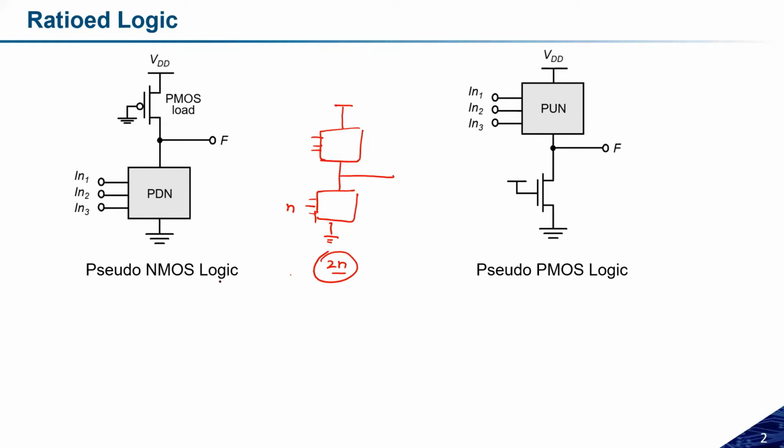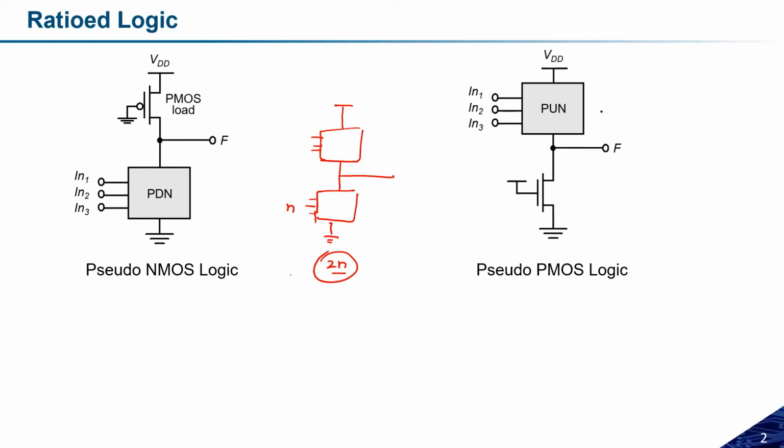The second alternative: in the first circuit we kept the load always on, and the function is implemented with the help of the pull-down network. But there could be another alternative, where the pull-down network, or the driver, is always in the on state, and the function is implemented with the help of the pull-up network.